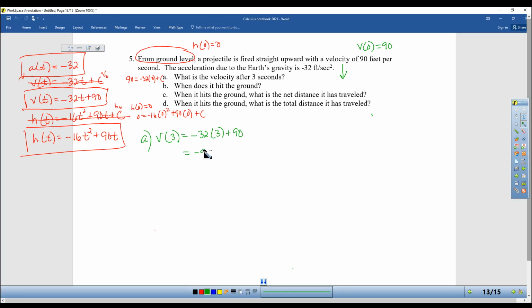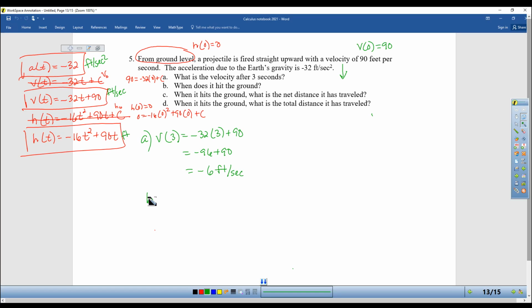This is negative 96 plus 90, so negative 6. My units are in feet, and because it's velocity, it's per second. Acceleration is seconds squared, and of course distance is just feet. But you could write that over here: feet per second squared, feet per second, and just feet, if that helps you.